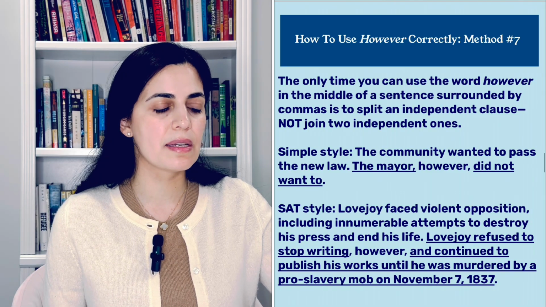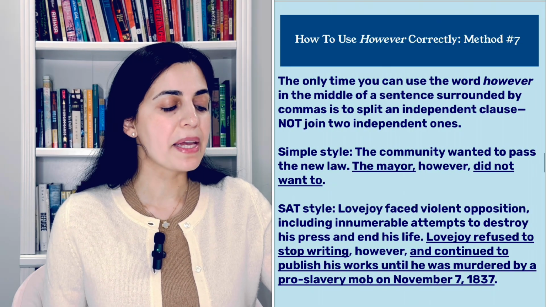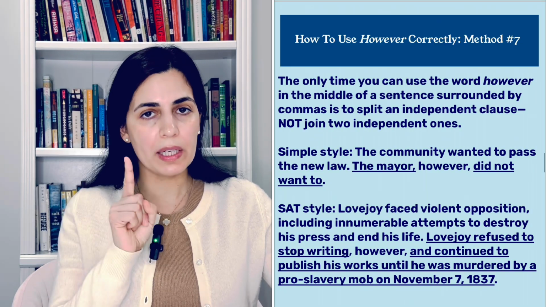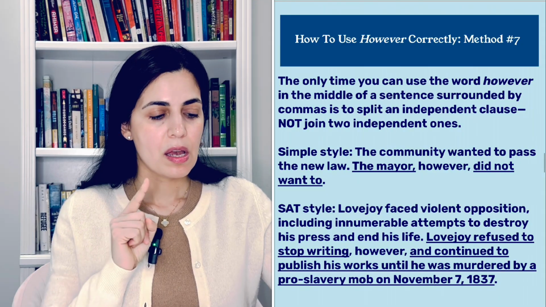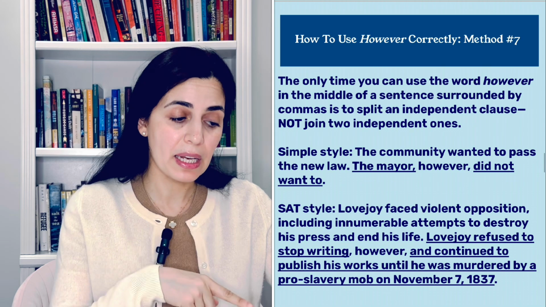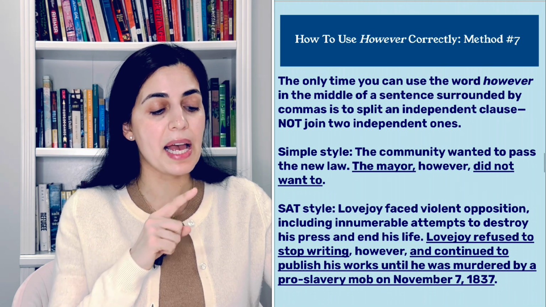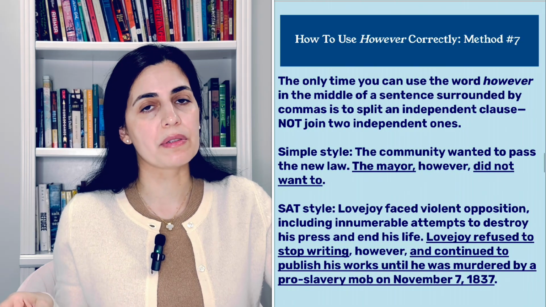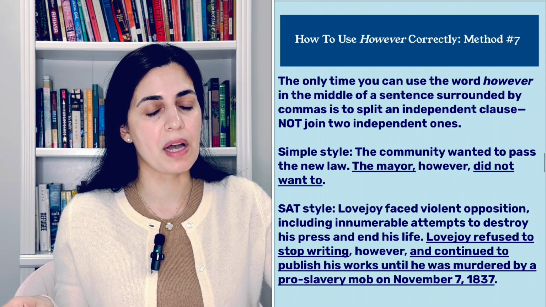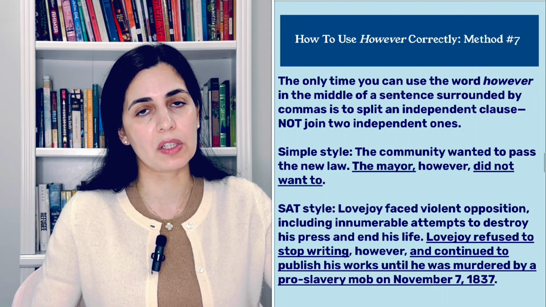So as you can see in this example, I underlined the clause. The mayor did not want to is one independent clause. Instead of putting the word however in the beginning of the sentence, we're putting it in the middle of the sentence. And that's the only way you can surround the word however with commas, when it is in the middle of one independent clause.